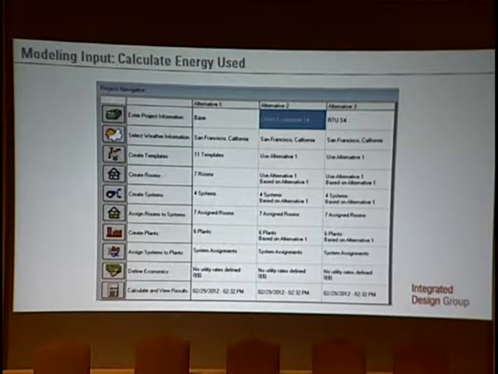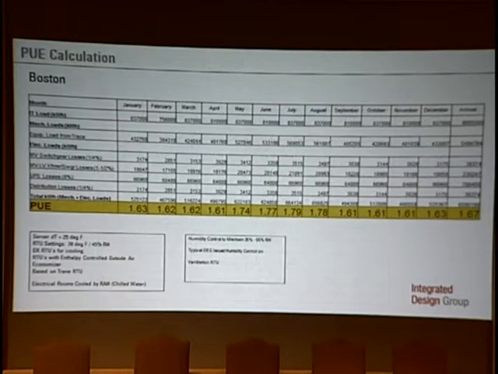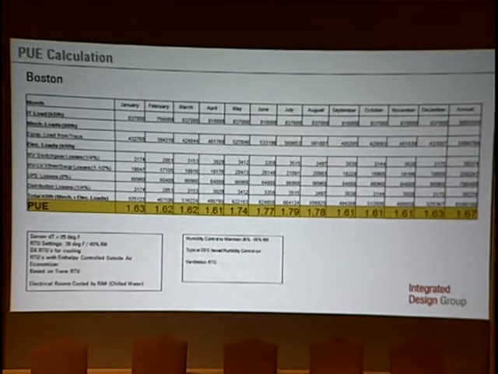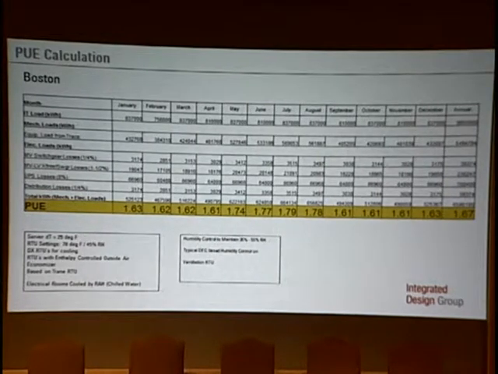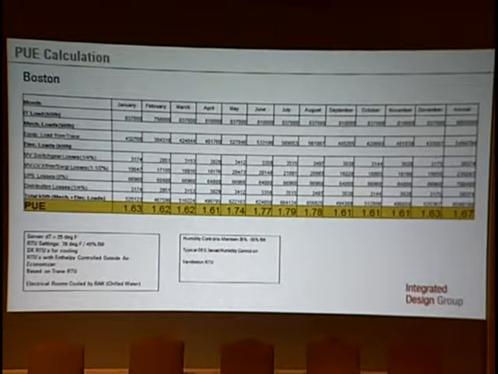The final step we do to calculate PUE is we input the data that we get out of that Trace run into our own spreadsheet. And here we take the information that comes from Trace up here, typically the mechanical loads, and it spits out on a monthly basis and an annual basis.